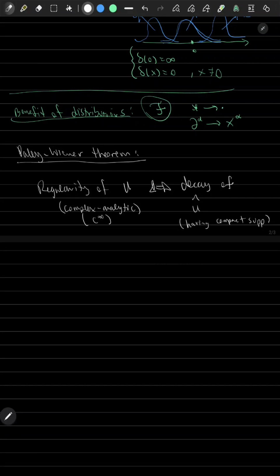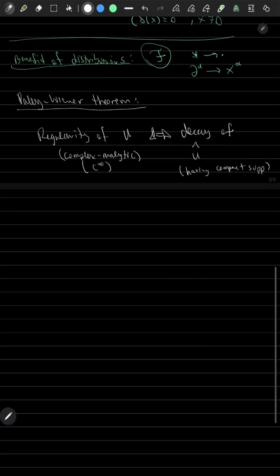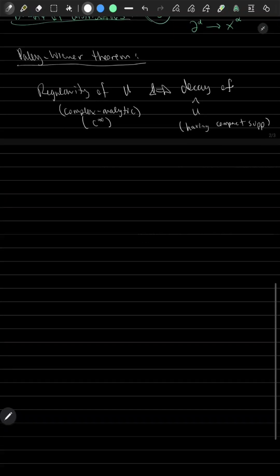So yeah, these two concepts are very strongly intertwined, and exactly how that happens is given by the Paley-Wiener theorems. And so these kinds of theorems, they help us with the problem of determining regularity of solutions.